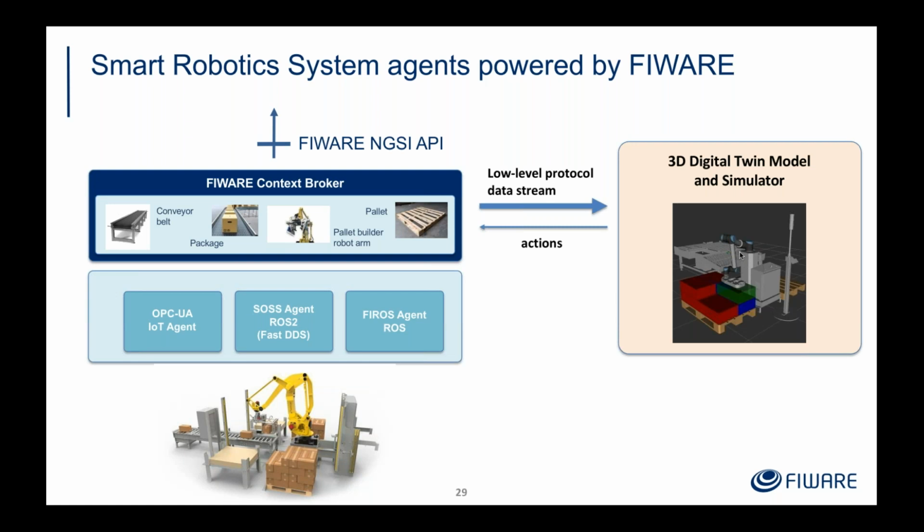This will be helpful, for instance, when connecting your robotic systems with systems that allow a 3D digital twin representation and simulation of your robotic system. And definitely, we believe this will allow some of these systems to really connect much faster than they are doing nowadays.